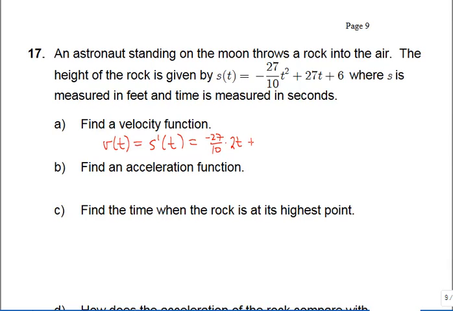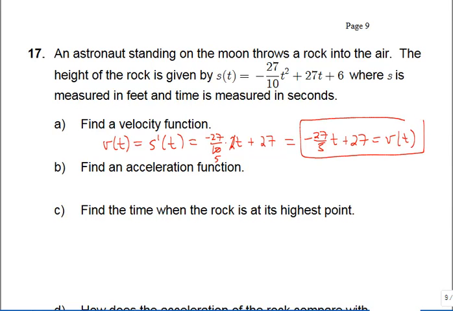And we'll simplify that in a minute. The derivative of 27t, that 27 stays there, and the derivative of t goes to 1, and then the 6 goes to 0 in the derivative because it's a constant. So simplifying, 2 divides into that 10 5 times, so this will be negative 27 fifths t plus 27, and that's your velocity function because that was one derivative.